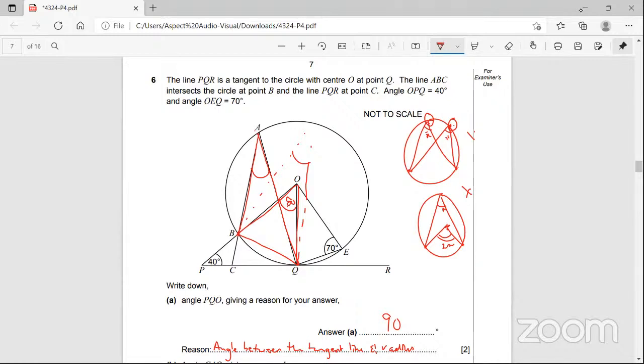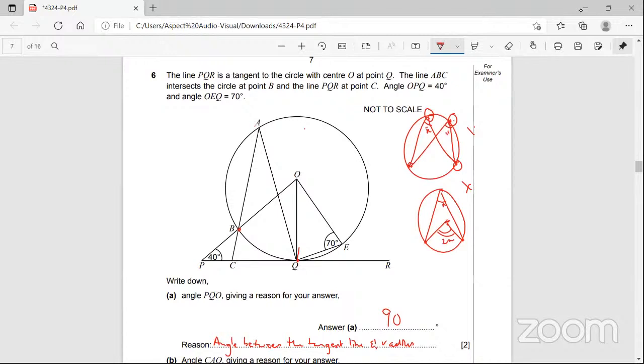This sheet does not look like that, let me just erase. You see this B and this Q, it must touch the circumference of your circle.